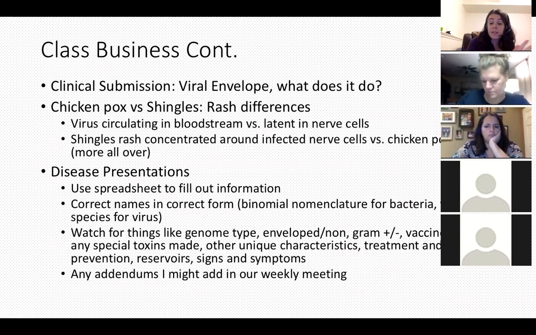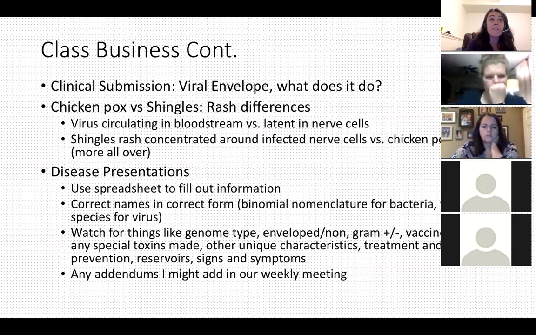With shingles, it's emerging from the nerve cells that it has been hanging out dormant in, that latency. And so when you see that shingles rash, it's typically on the skin that is directly above the nerves where it has been hanging out dormant.